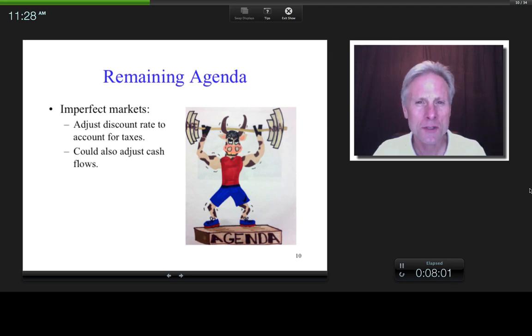So let me ask you this. Why wouldn't we try to account for information asymmetries? Well, basically, how would you quantify that? And if you did quantify it, would you probably have to make a ton of assumptions? And at some point, when you have to make a ton of assumptions, what happens to the quality of the analysis that you're working with?